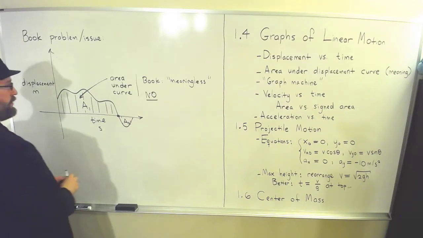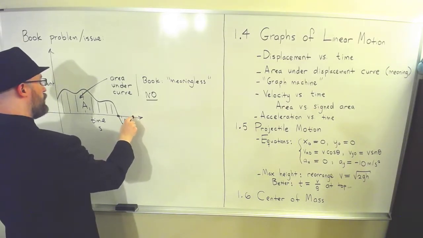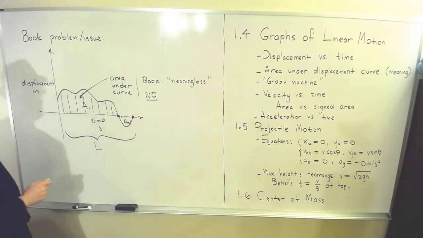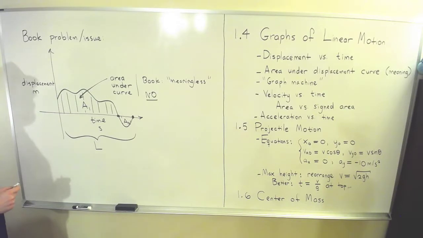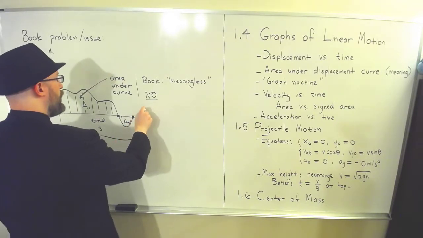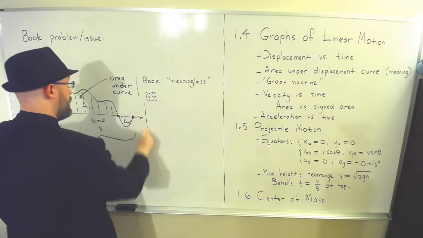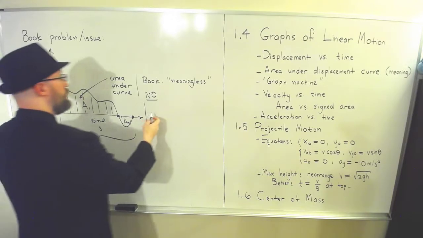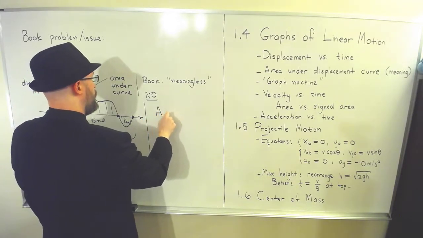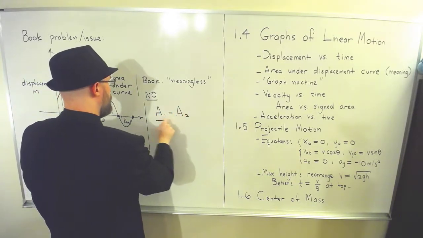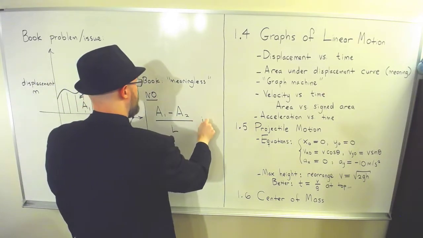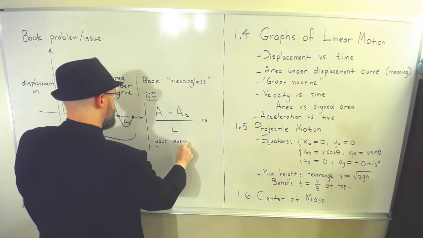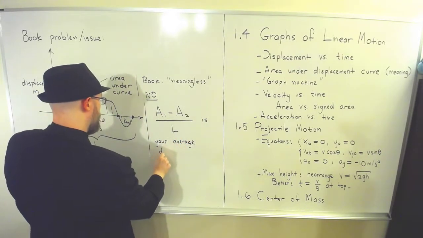And then I'll call the whole length of this interval, from that point to that point, L. Well, what's actually the case is that the area A1 minus A2, divided by L, is your average displacement.